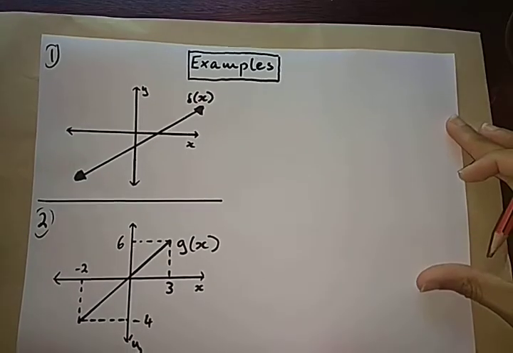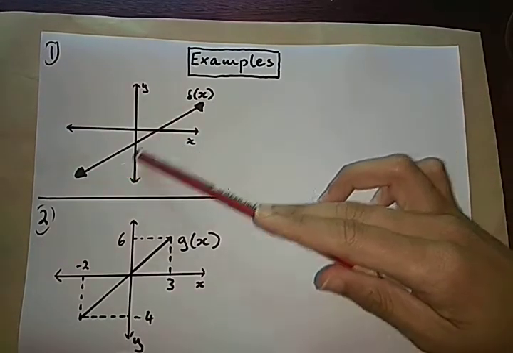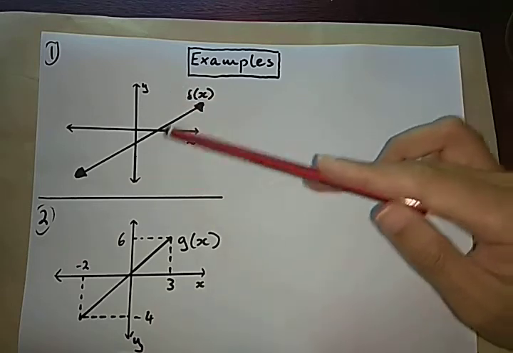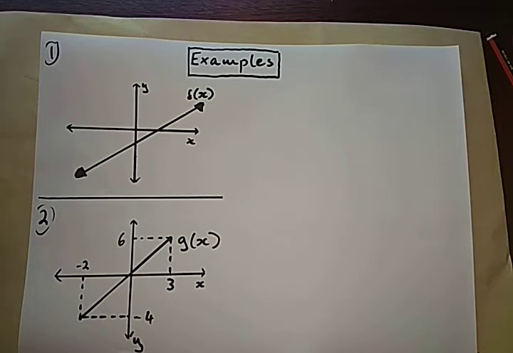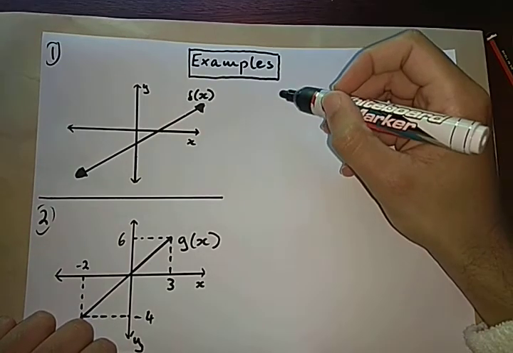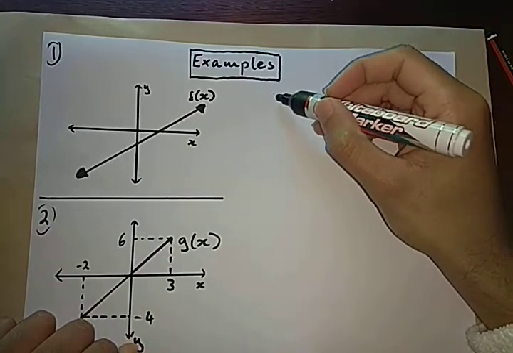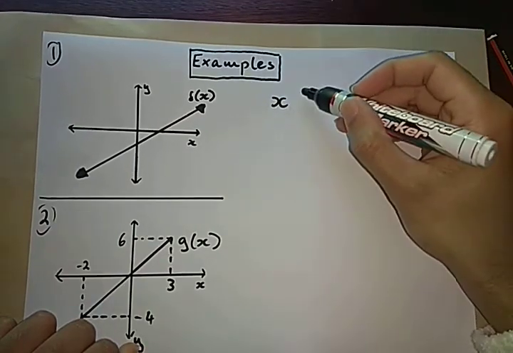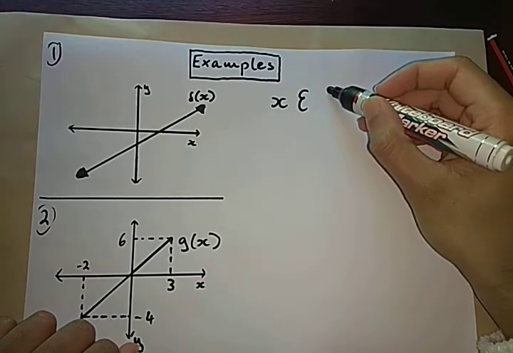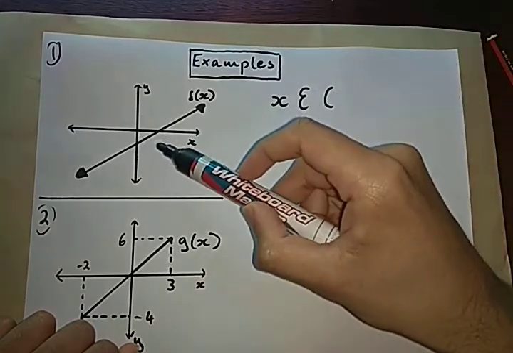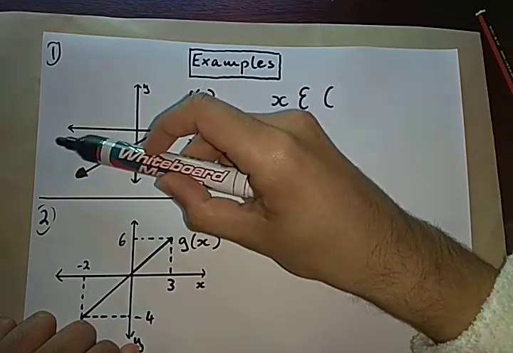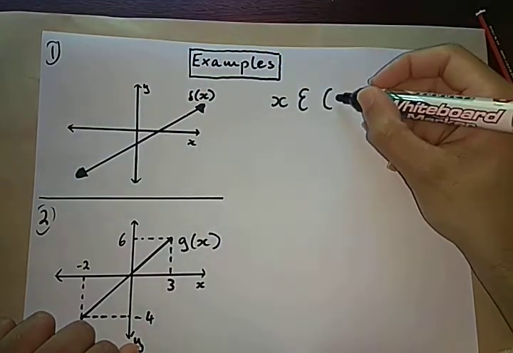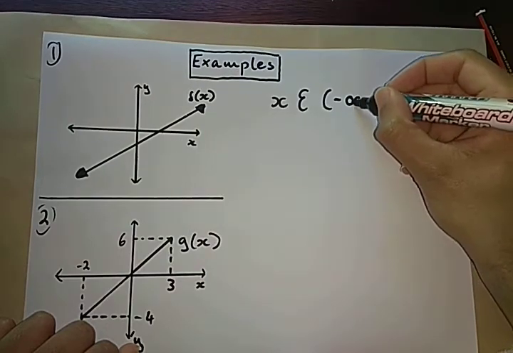In this example, we have a straight line graph called f of x plotted on our Cartesian plane, and we want to find the domain and range for this graph. So the domain for this graph, remember domain refers to its x values, we will say that x is an element of the lowest number that this graph will cover on the x-axis, which will be in that direction, will go all the way to negative infinity.